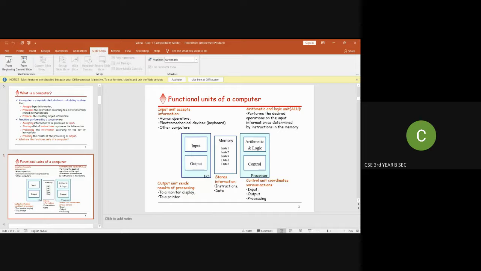The control unit produces the control signals and timing signals, which are sent to all the other functional units, and by these signals the control unit controls all other functional units. So these are all the main parts and functional units of a computer.